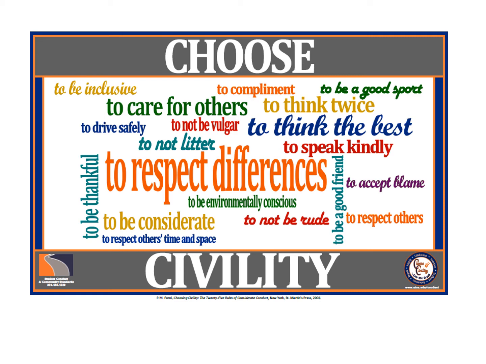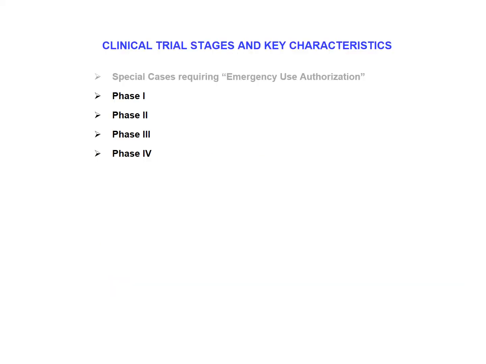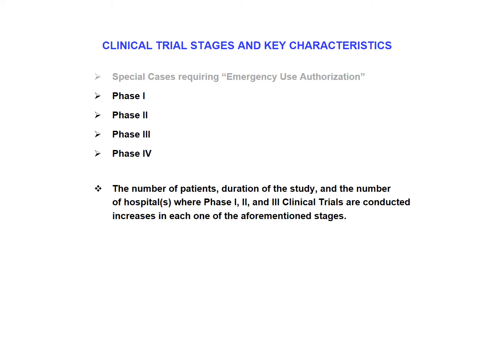For the purposes of our course, however, we are going to review certain important key characteristics of the various stages of the clinical trials. The various phases 1, 2, 3, and 4 must be followed in a sequential manner.